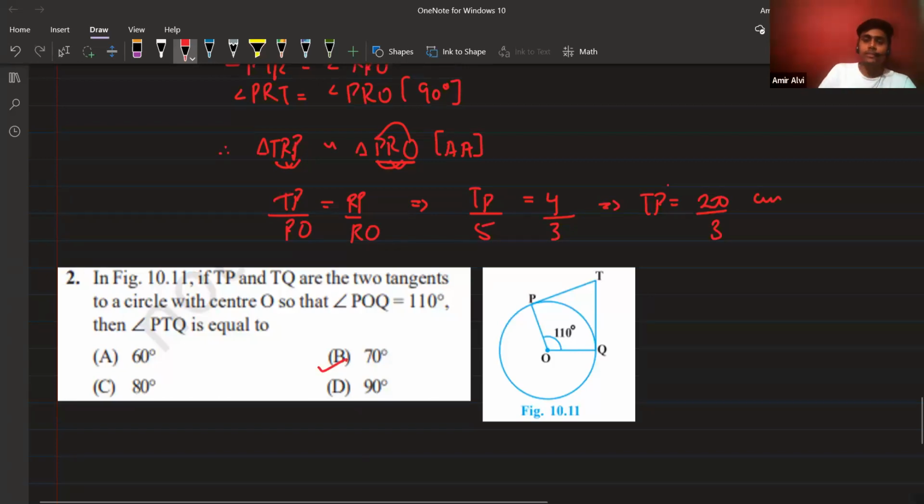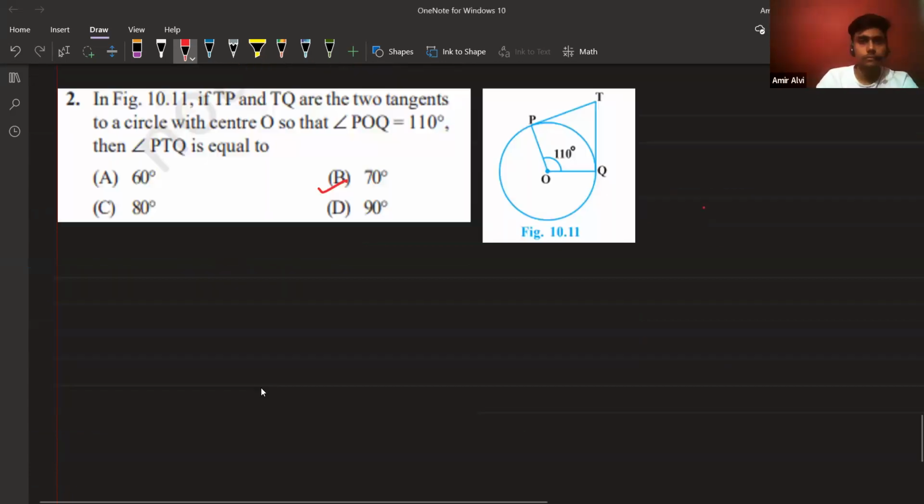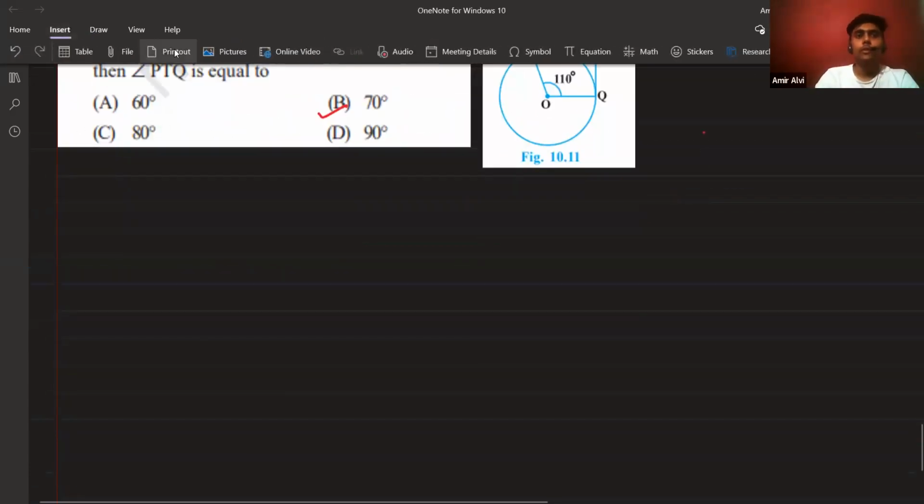One more question, the last question of this class. A simple question, based on lines and angles and the properties of circles. And then we'll be doing the proof questions in the coming class.